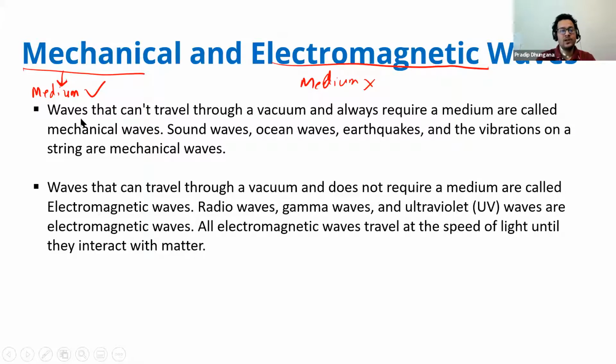Now let's go through the definitions. Waves that always require a medium are called mechanical waves. So that means mechanical waves always require a medium to travel. Examples are sound waves, ocean waves, earthquakes, vibration of a string. They all are mechanical waves. And mechanical waves can be both longitudinal and transverse waves.